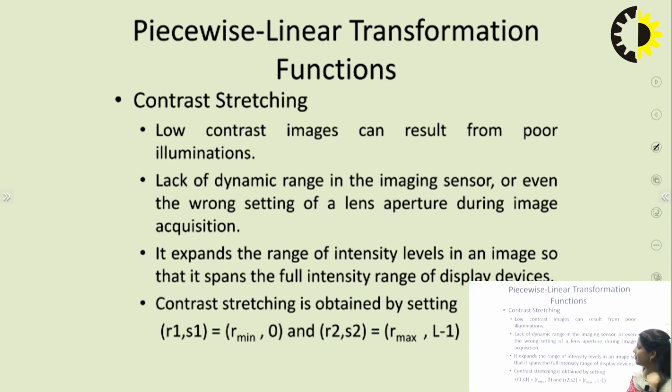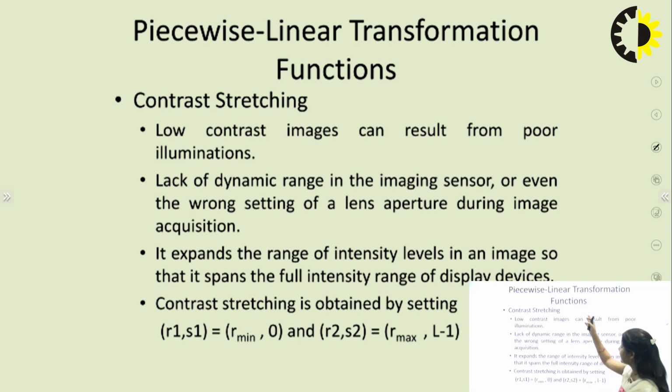Next is piecewise linear transformation functions. Previously, the three transformations were applied directly to the whole image, but if we want to apply some enhancement on a particular part of the image, means if we have an image of size 256 by 256 and we want to enhance the contrast only on a block of 32 by 32 pixels, then we have to segment the image and apply the transformation on that particular block only.